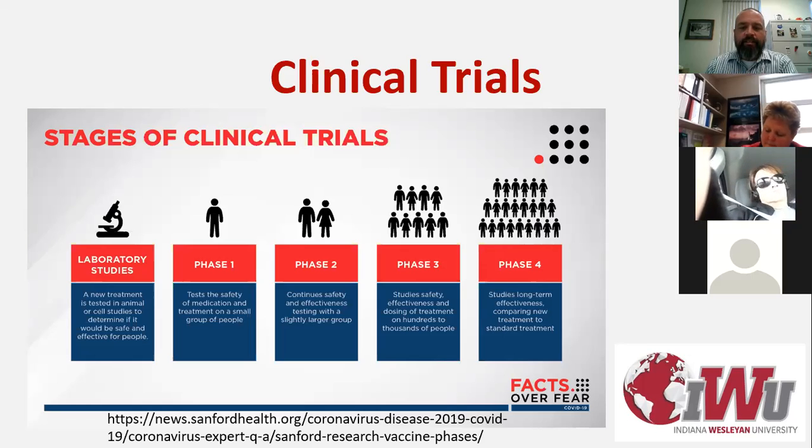But phase 4 really gets us into long-term effectiveness and being able to determine if there are any long-term safety concerns with the vaccine. I think it's worth mentioning that we are starting to learn some things about potential long-term effects of the COVID-19 infection.